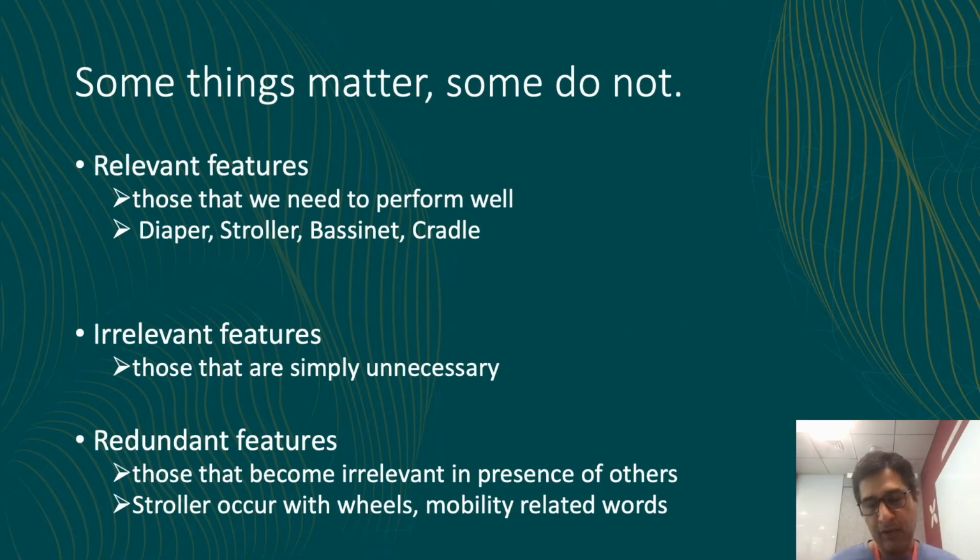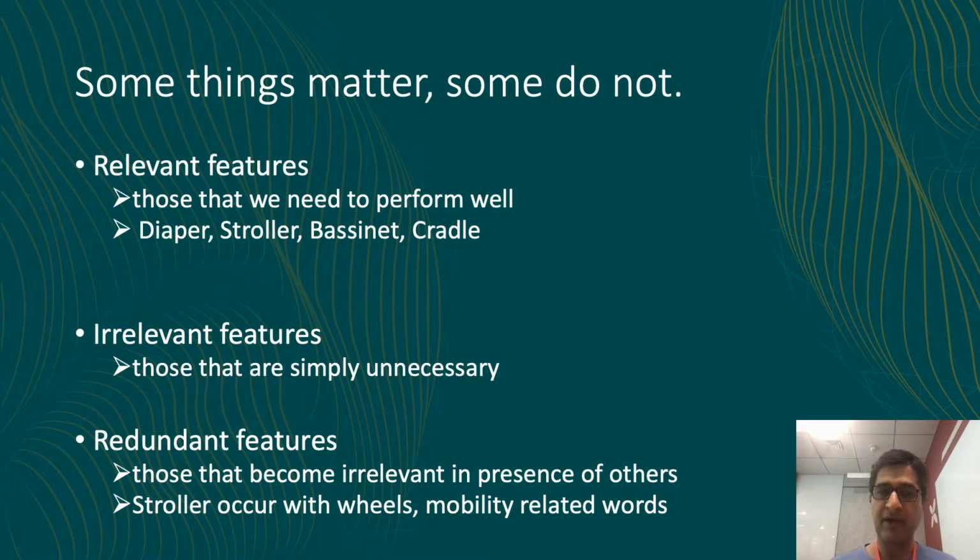Also, in many of these problems, what you would notice is that some features matter. So, let's say in the text data, you want to figure out if this is something that is relevant to babies or not. The relevant features would be like a diaper or a stroller or a bassinet or a cradle, right?